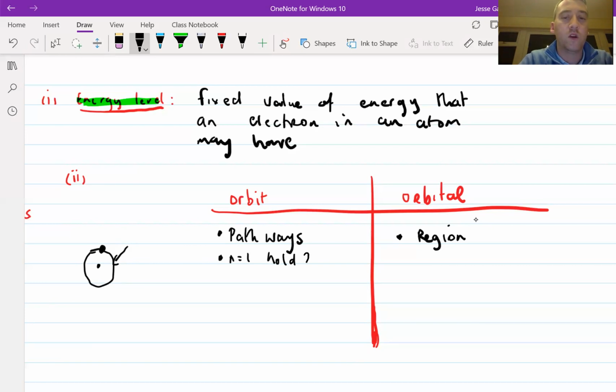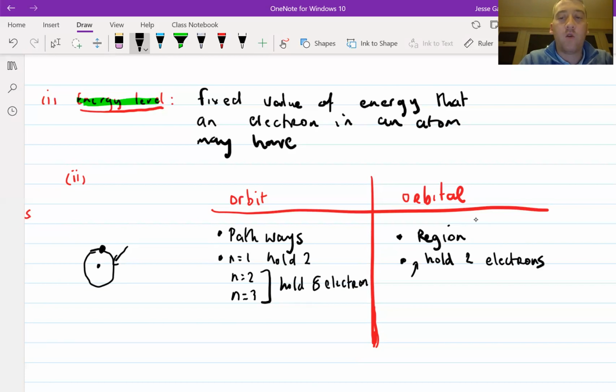But the n equal to 2 and n equal to 3 orbits both hold 8 electrons. The difference here is the capacity of the orbitals: they only ever hold 2 electrons. Right, so I've got two differences.